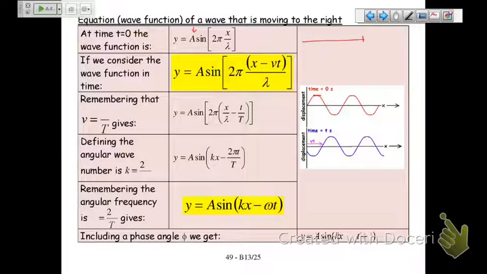And lambda is the wavelength, so this tells me how many wavelengths I am away. So if x is, say, 6 meters and lambda is 2 meters, I know that I am 3 whole wavelengths away. So this is giving me the distance in terms of a number of wavelengths.